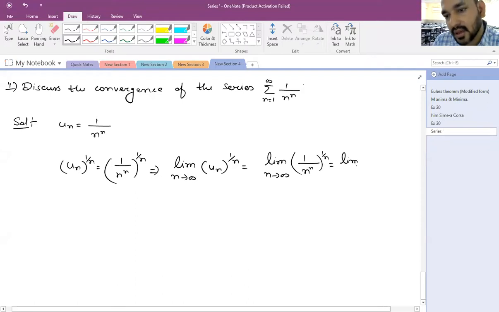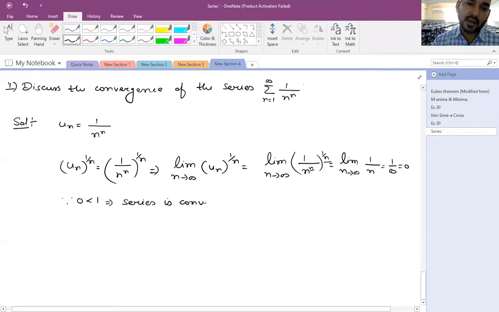Now this is limit n tending to infinite 1 upon n, because this n and this n multiplied will be 1, and in this if you substitute infinite, 1 by infinite is 0. Since 0 is less than 1 implies that series is convergent. Clear? Okay, let's go to the next one.